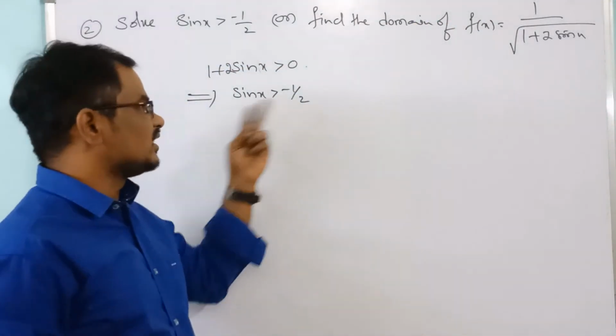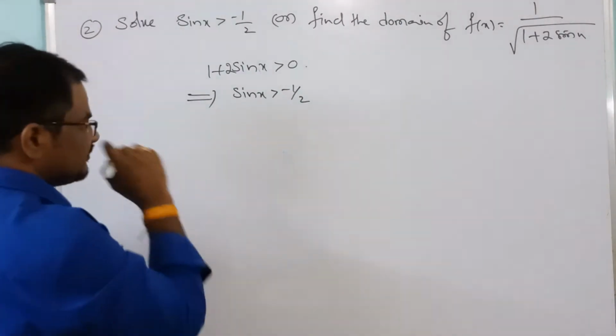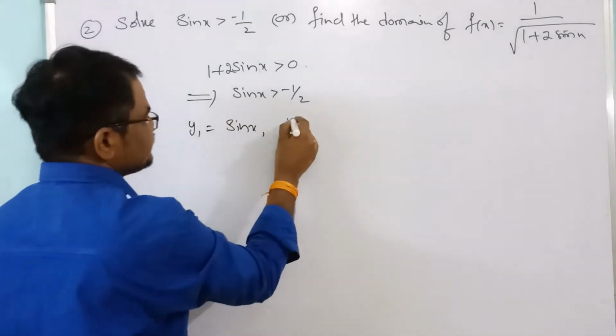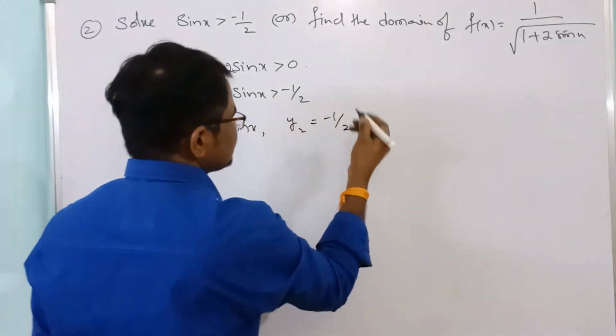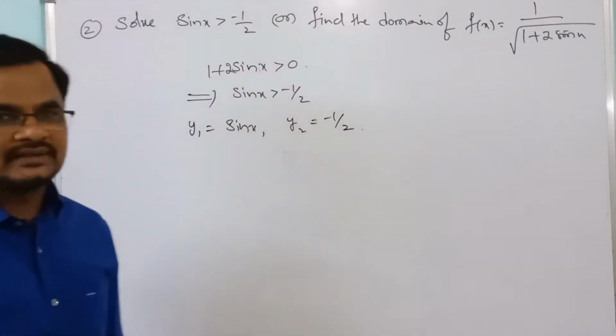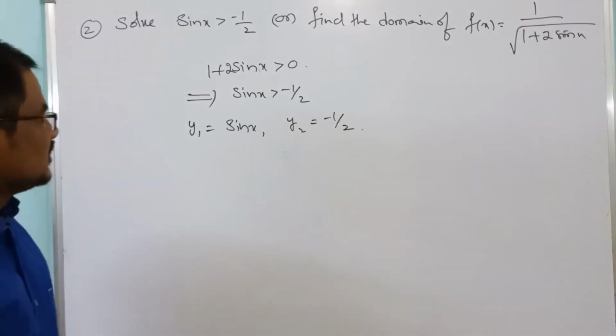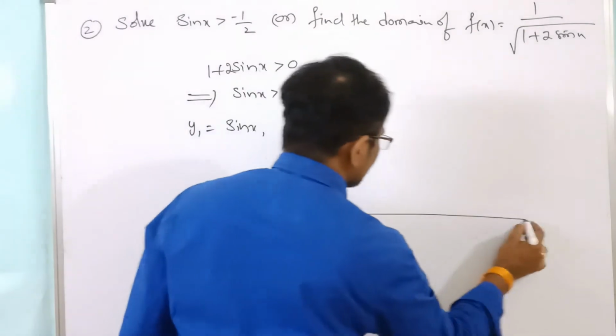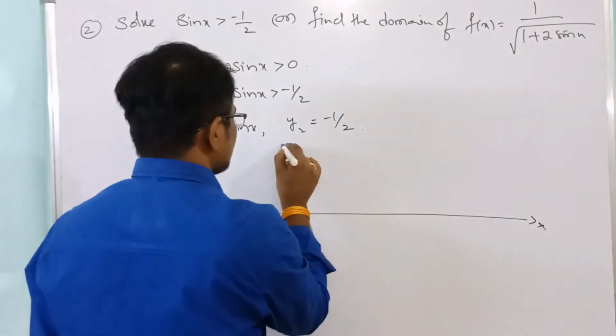It is an inequality. Now for that what will I take? y1 equal to sin x, one function I will take. y2 equal to minus 1 by 2, second function I will take. Now these two graphs we have to draw. So x axis, y axis.